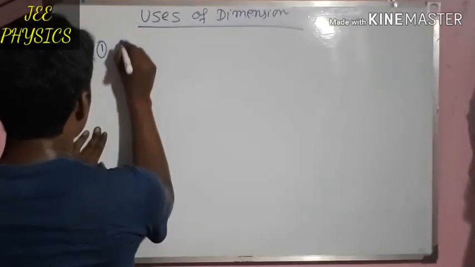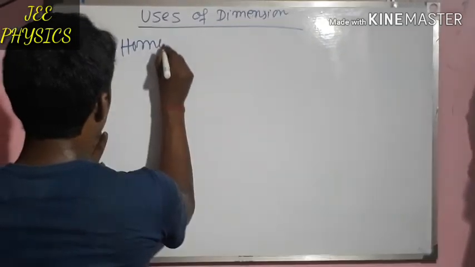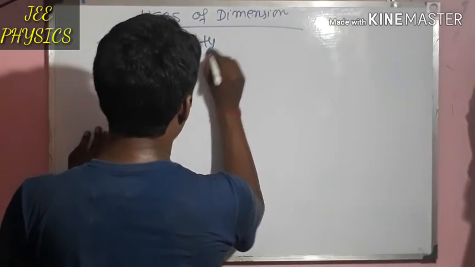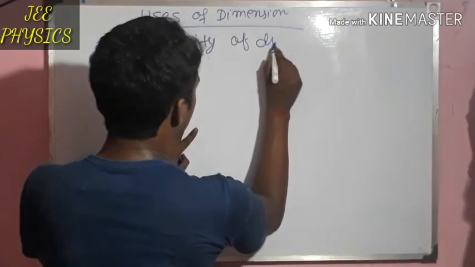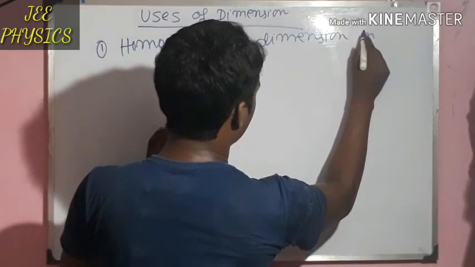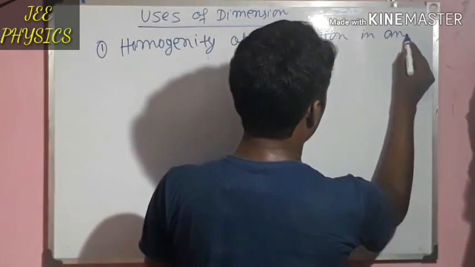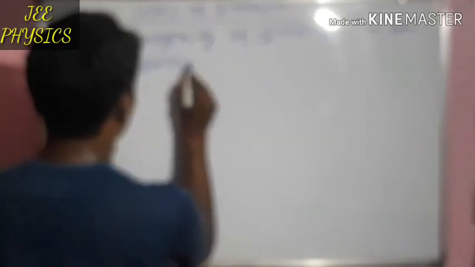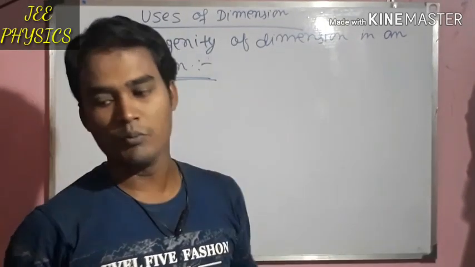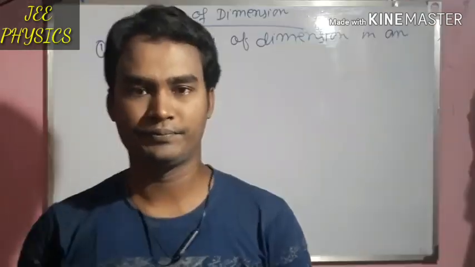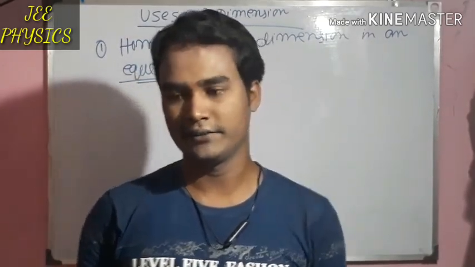Number one is homogeneity of dimension in an equation. Now what is meant by homogeneity? Homogeneity means equal in all directions.